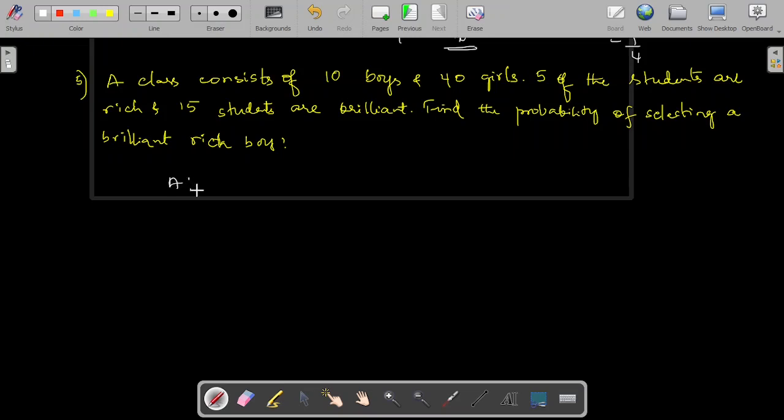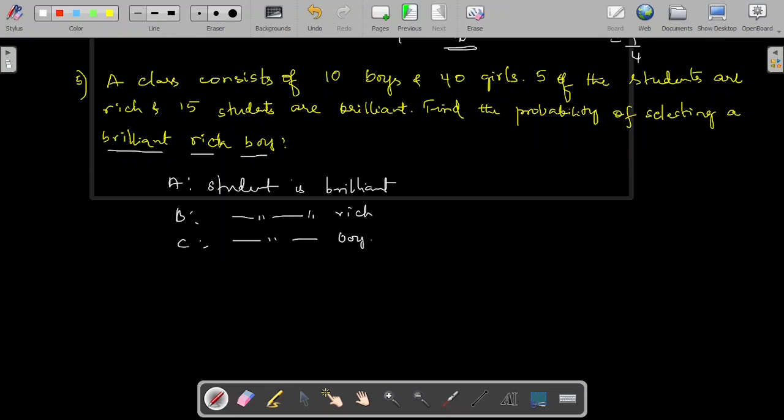Event A is the student is brilliant, event B is the student is rich, and event C is the student is a boy, because you have to find the probability of selecting a brilliant rich boy. So there are 3 events and all these 3 events are independent. A, B, C are independent.